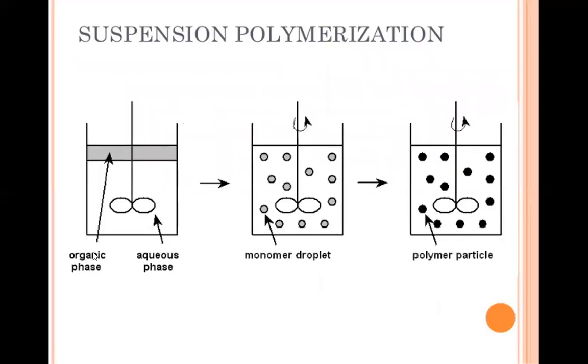See that: organic phase and aqueous phase. This organic phase contains the stabilizers, and this aqueous phase, along with the monomer, has initiators. In this phase, some inorganic stabilizers are also there if necessary.